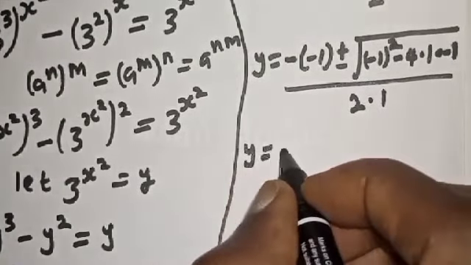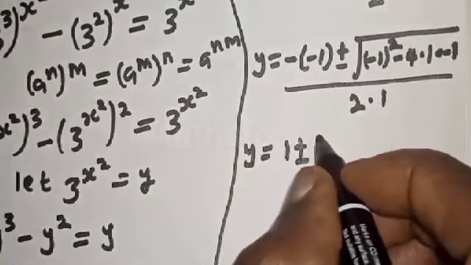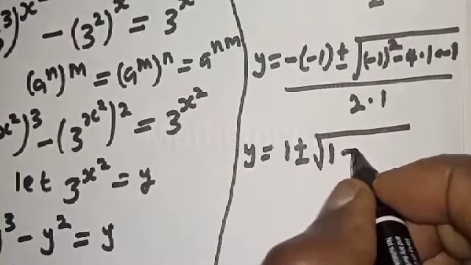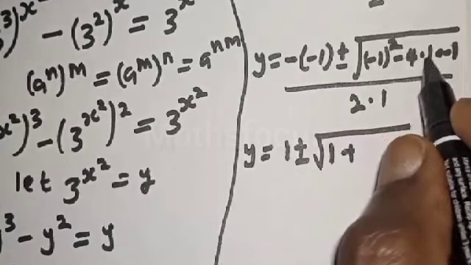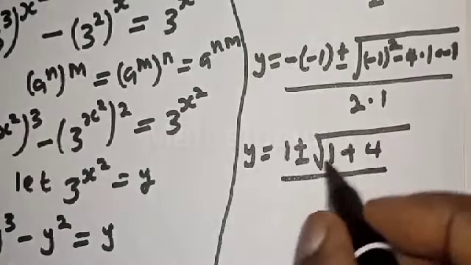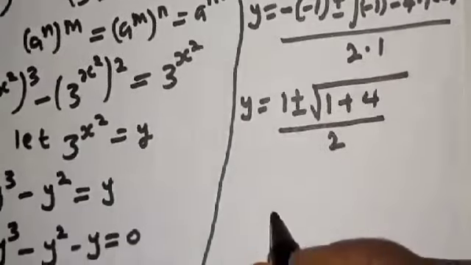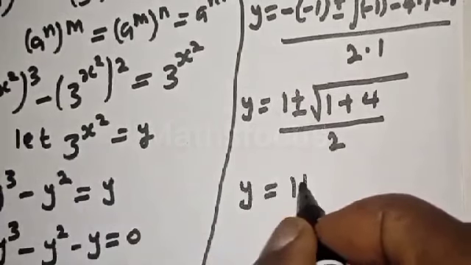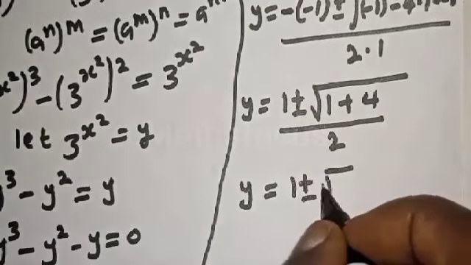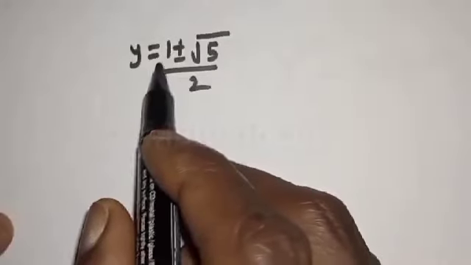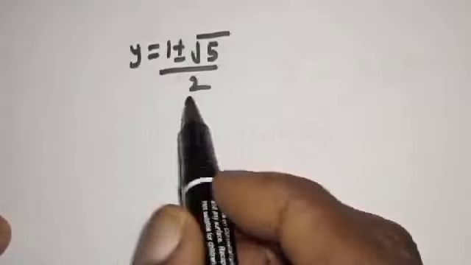y is equal to 1 plus or minus square root of minus 1 squared is 1, plus minus 4 times minus 1, that is plus 4, over 2. y is equal to 1 plus or minus square root of 5 over 2.